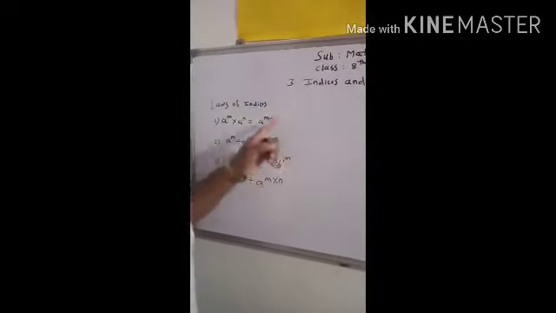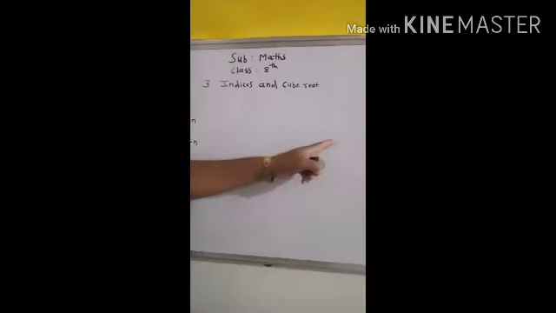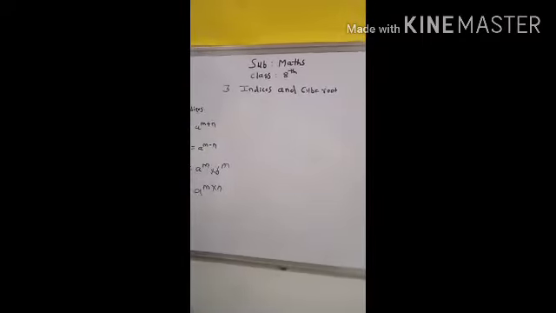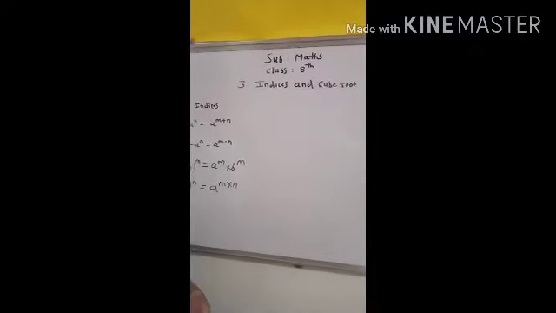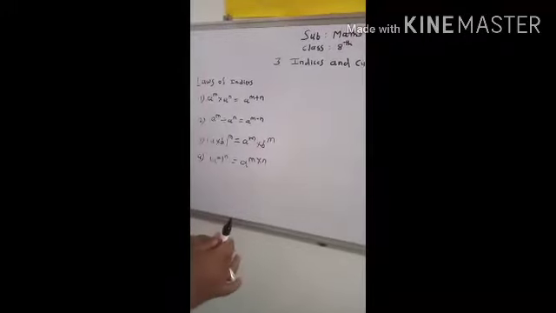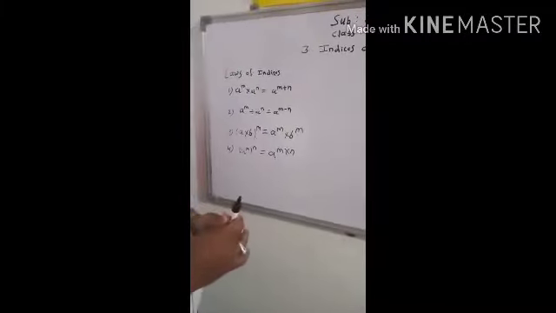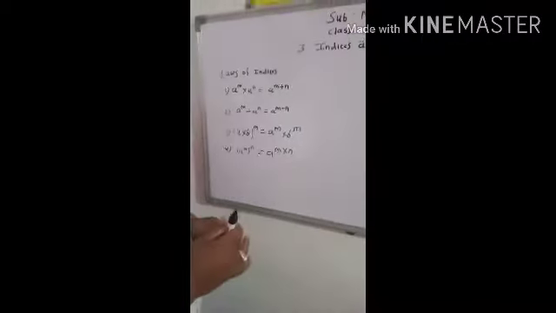Students, there are some laws of indices. Now we know what is the index and indices, what is the base, how we write the multiplication form, the expanded form, and how we get the index form.